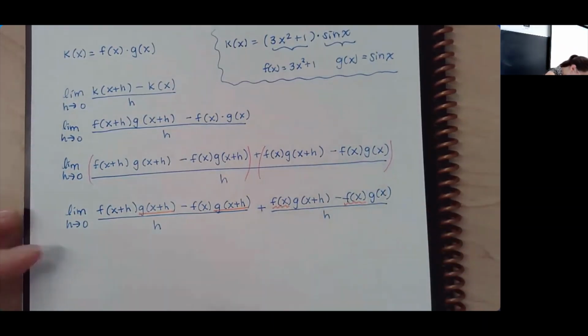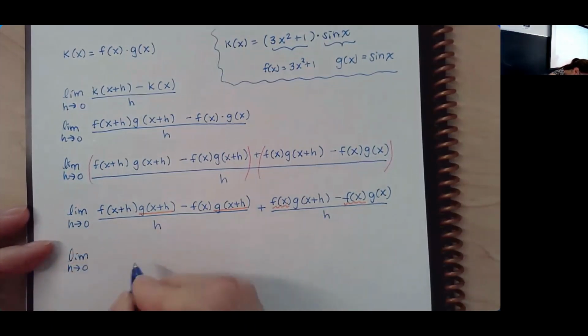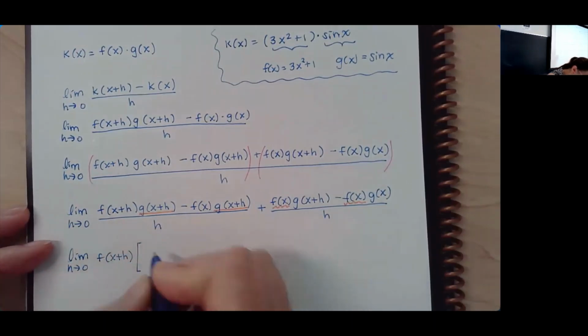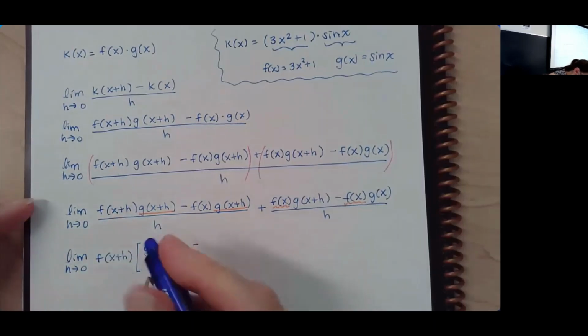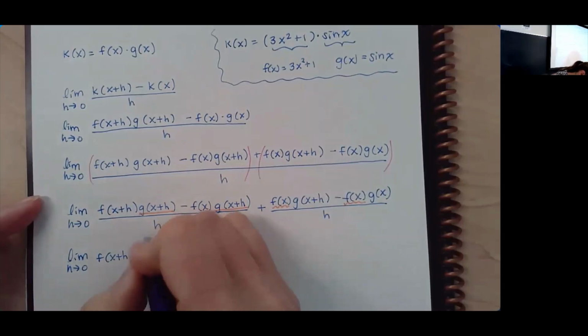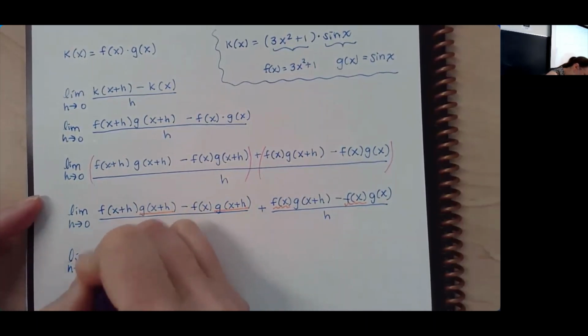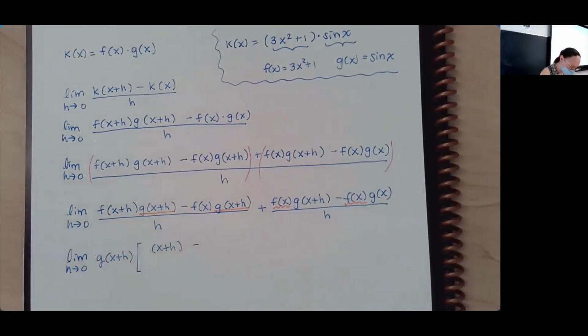So I'm going to do that so that I've got a limit as h approaches 0 of f of x plus h factored out of g of x plus h. Oh, sorry, that wasn't what I was factoring out. I was factoring out g of x plus h. I underlined it. I just wrote the wrong thing. Factoring out a g of x plus h.